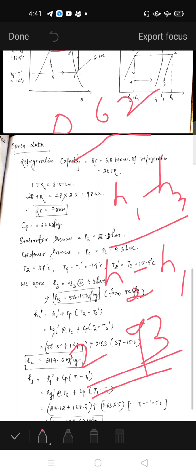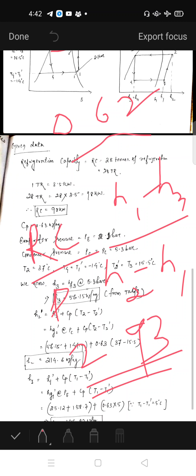And what is the actual COP? It is the refrigeration capacity divided by the power required to drive the compressor. And what is the power required to drive the compressor? It is the mass flow rate times the change in enthalpy in the compressor, that is H2 minus H1, and from this you can easily find the mass flow rate. Why?